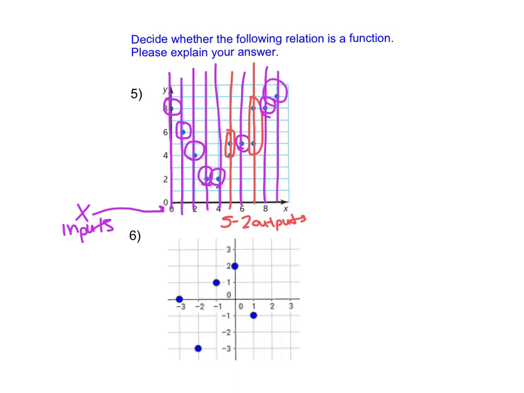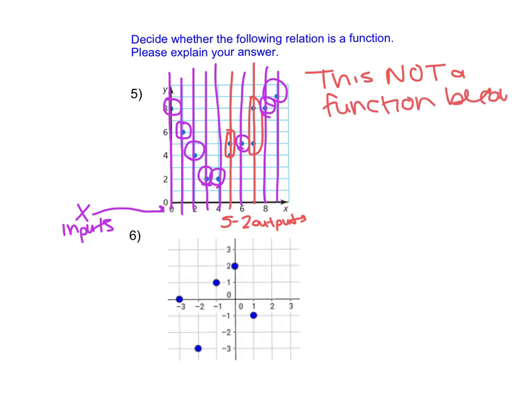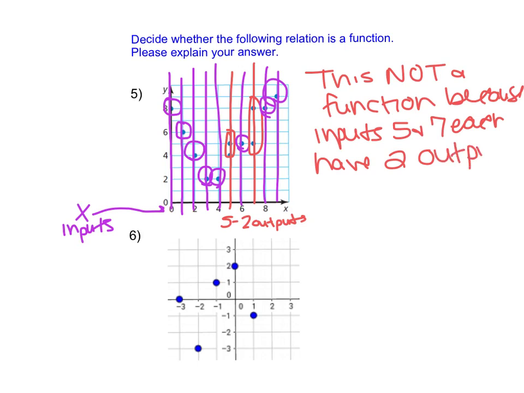So we would state that this is not a function because inputs 5 and 7 each have 2 outputs, which is a problem. That's not meeting the definition of a function.